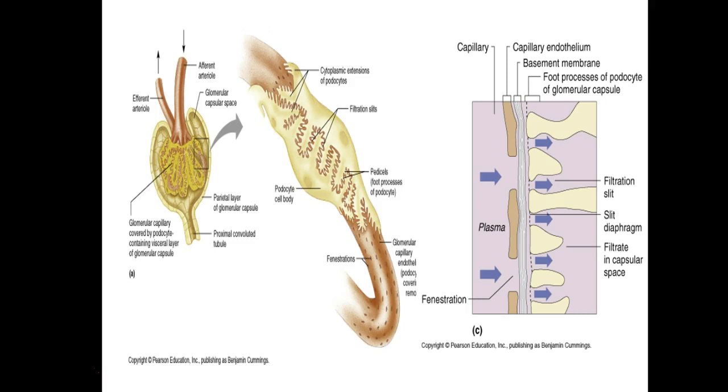They're fenestrated capillary beds. The products from the blood, water, ions, etc., will pour through there, and then also pour through the slits, and then into the space between the glomerulus and the capsule, so that capsular space.